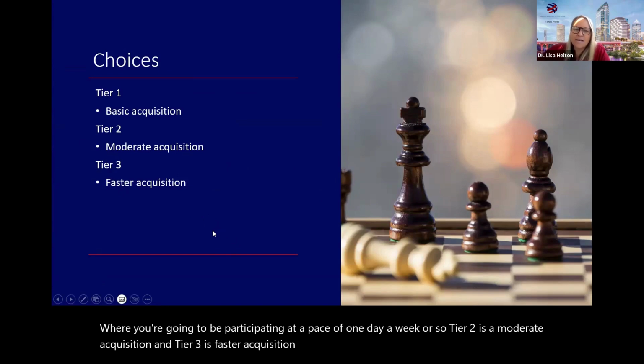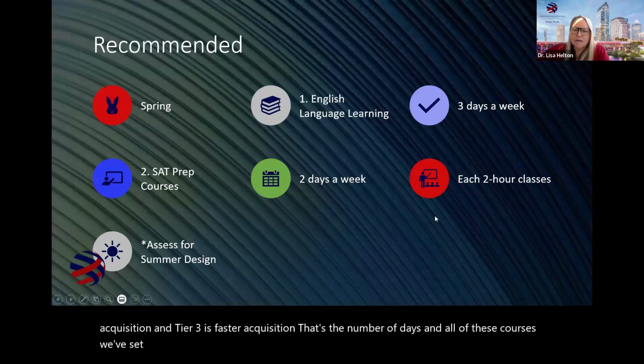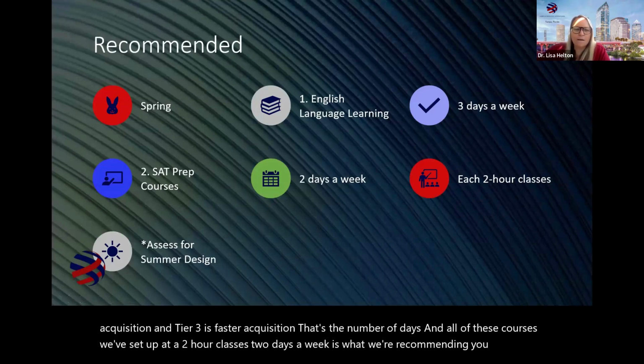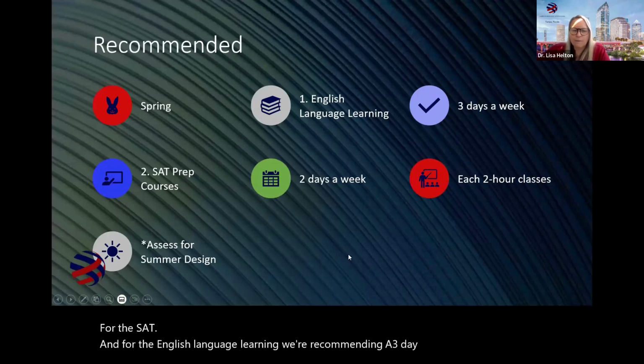That's the number of days. And all of these courses we've set up at 2-hour classes, 2 days a week is what we're recommending you do for the SAT. And for the English language learning, we're recommending a 3-day-a-week program.